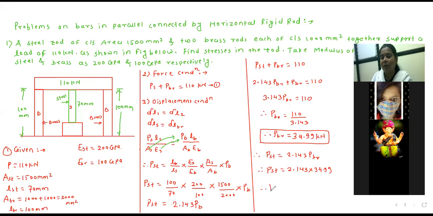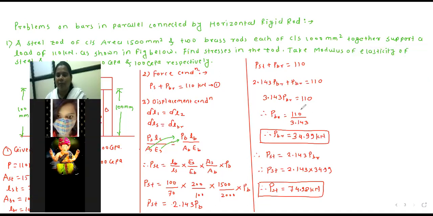You calculate and tell me the load taken by the steel rod. 74.98 kilonewton. So these are the loads taken by the two different materials. Load taken by steel is 74.98 and load taken by brass is 34.99.